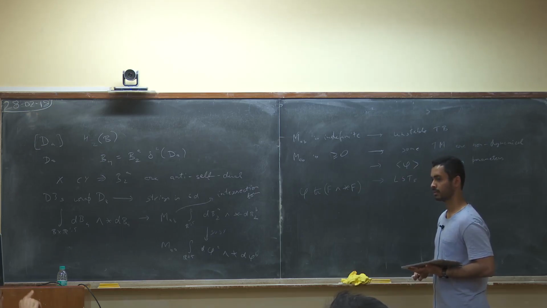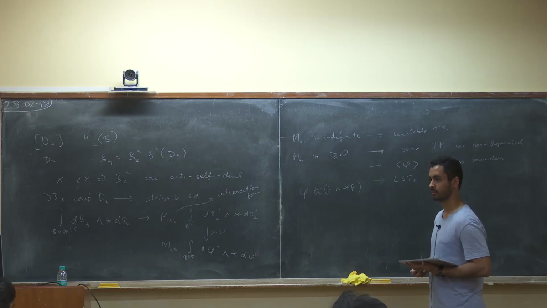If F wedge star F was 0, suppose you took that equation literally, what would that say? That would say that star F was equal to F. It would be a duality or self-duality equation, right? Yes, star F equals F, or minus F or something.